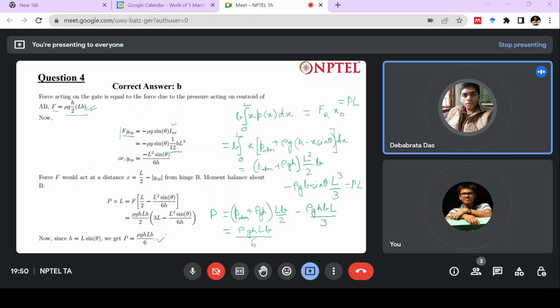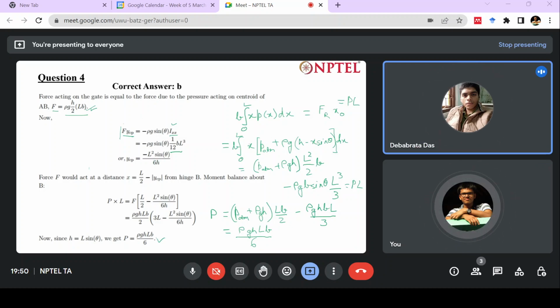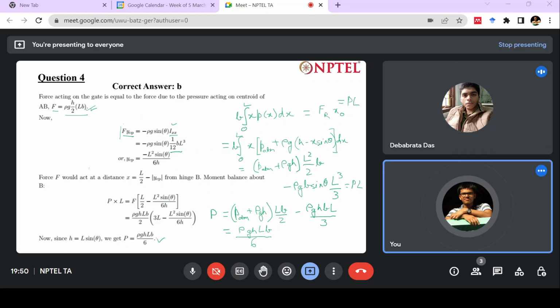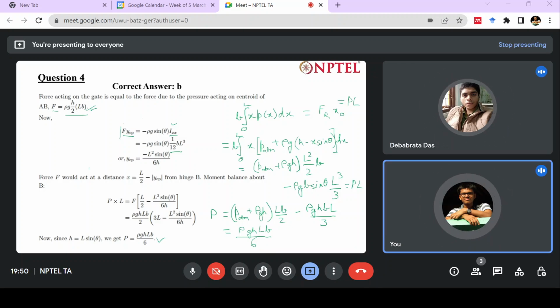That's what they have got here. So here also they have done the same thing. What they have used is the expression for moment of inertia: rho g sine theta into moment of inertia. Since the whole force is acting on that plate, the moment of inertia about the point at the bottom will be 1 by 12 PL cube.